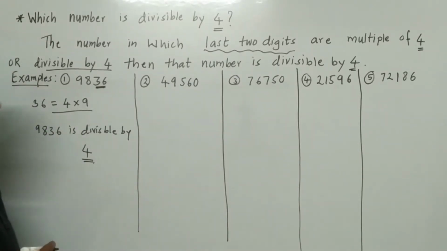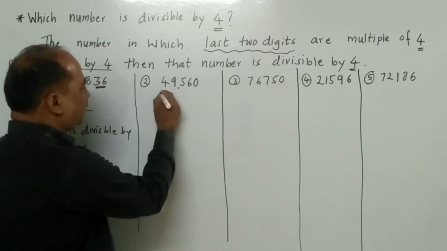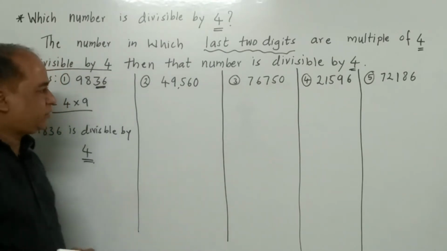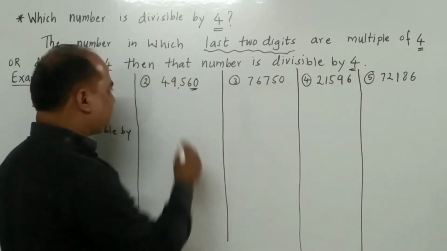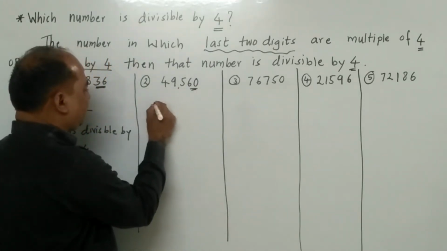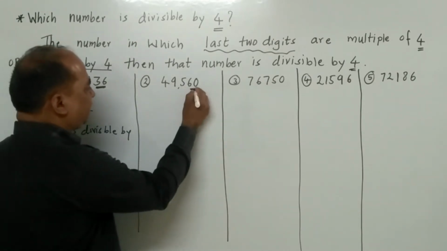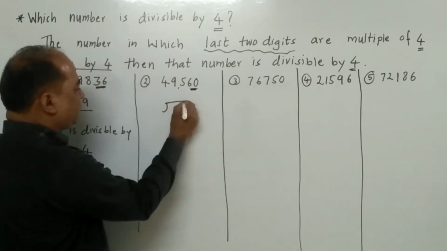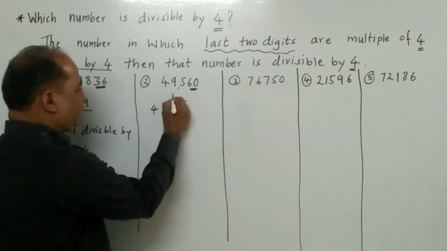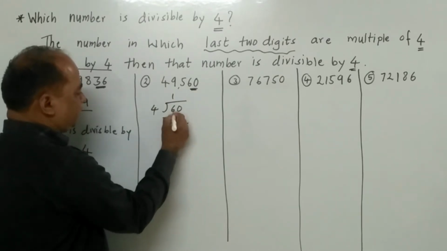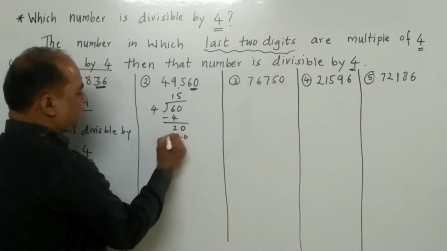Now let us see the second example. 49,560. Is this number divisible by 4? For that purpose, we have to check only the last two digits. That is, the last two digits are 60. Now we'll check if it is getting divided by 4. 60 divided by 4. 4 ones are 4. 6 minus 4 is 2. 0, and 4 fives are 20.